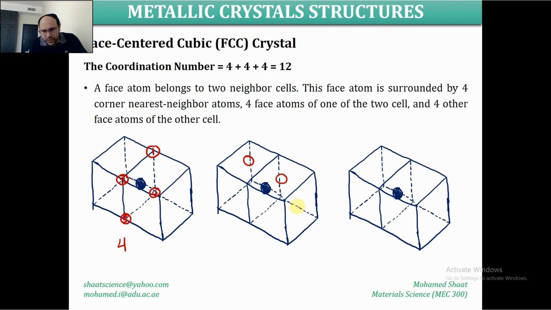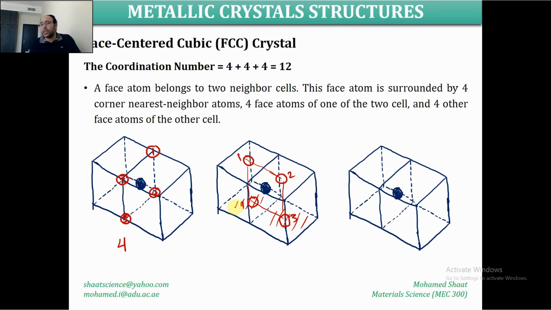This is the bottom face, and there should be another bottom face here, right? Over this bottom face there should be an atom at its center, and over the other there should be another atom. So these 4 atoms form the other group of 4, located over one plane and another plane. So this is atom 1, atom 2, atom 3, atom 4.